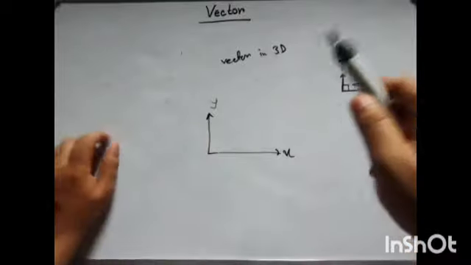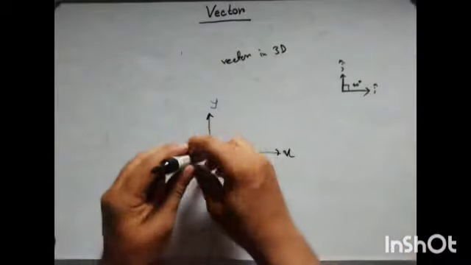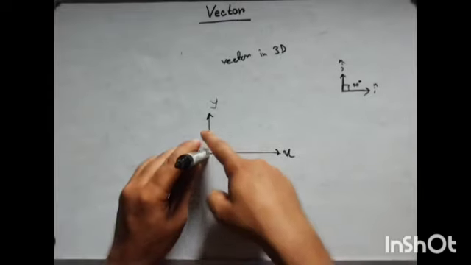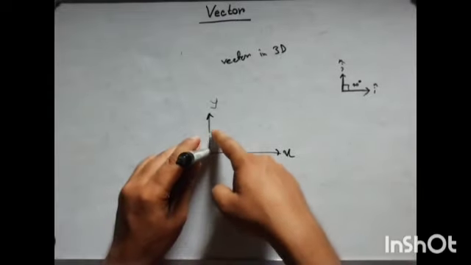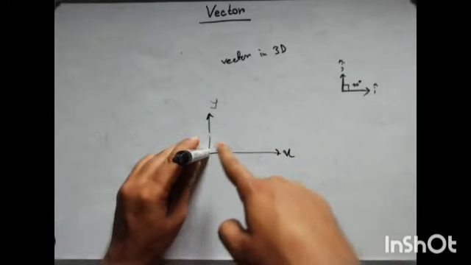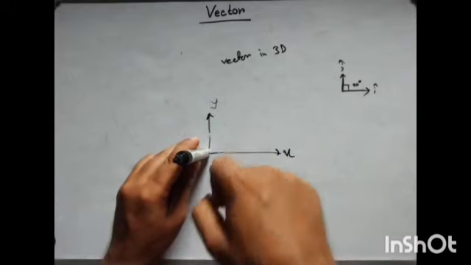All of these axes are making 90 degree angles with each other. This angle is 90 degrees, this angle is 90 degrees, and this angle is also 90 degrees.